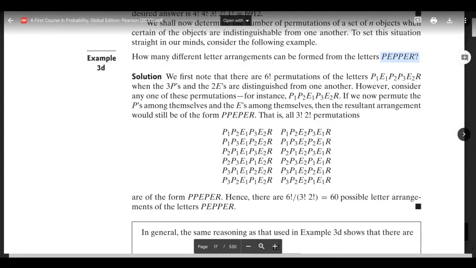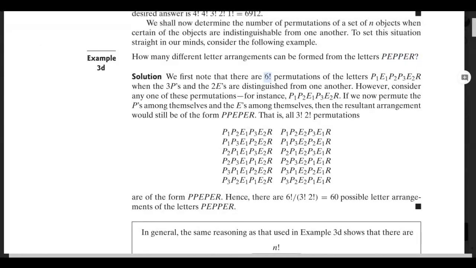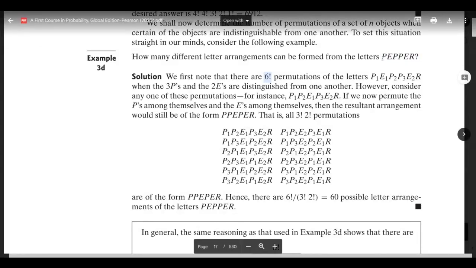We overpermute. So what do we do? We divide. We do 6 factorial divided by 3 factorial for the 3 P's, then divided by 2 factorial for the 2 E's.